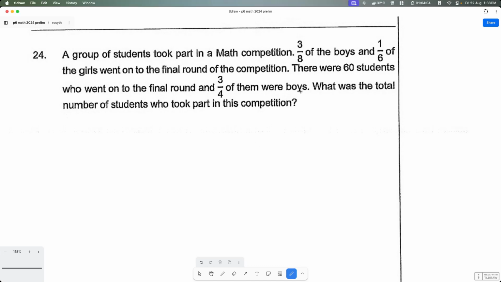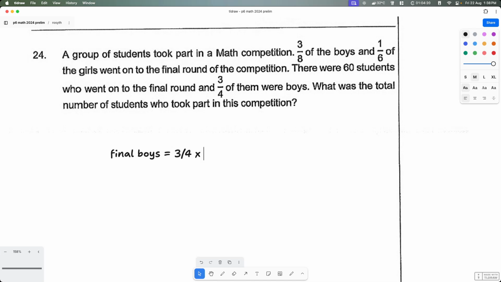So final boys is equal to 3 out of 4 times 60, which is basically 60 divided by 4 times 3. 60 by 4 is 15, times 3 is equal to 45.